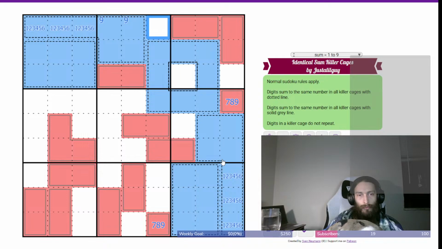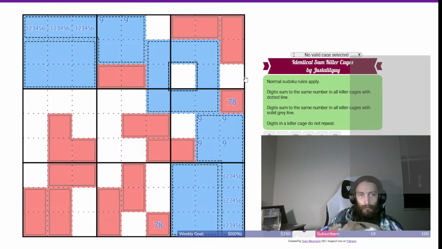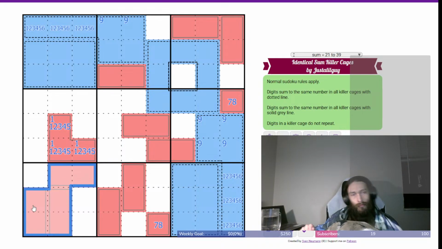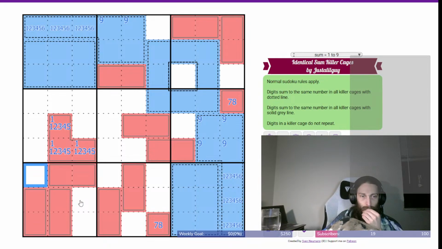So the same thing is true over here. I have to have a 9, and suddenly red can't have 9. So in box 7, 8 and 9 anyway have to be on the outside. Hmm.